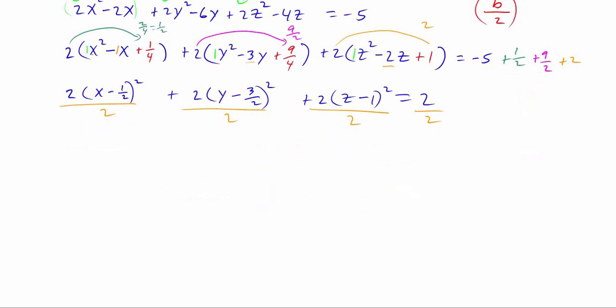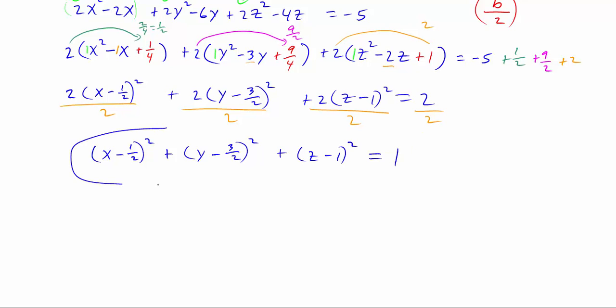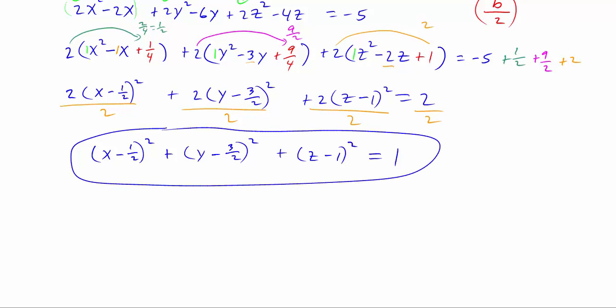And then we would be left with x minus 1/2 squared plus y minus 3/2 squared plus z minus 1 squared equals, and 2 divided by 2 would be equal to 1. So there's the equation for the sphere.